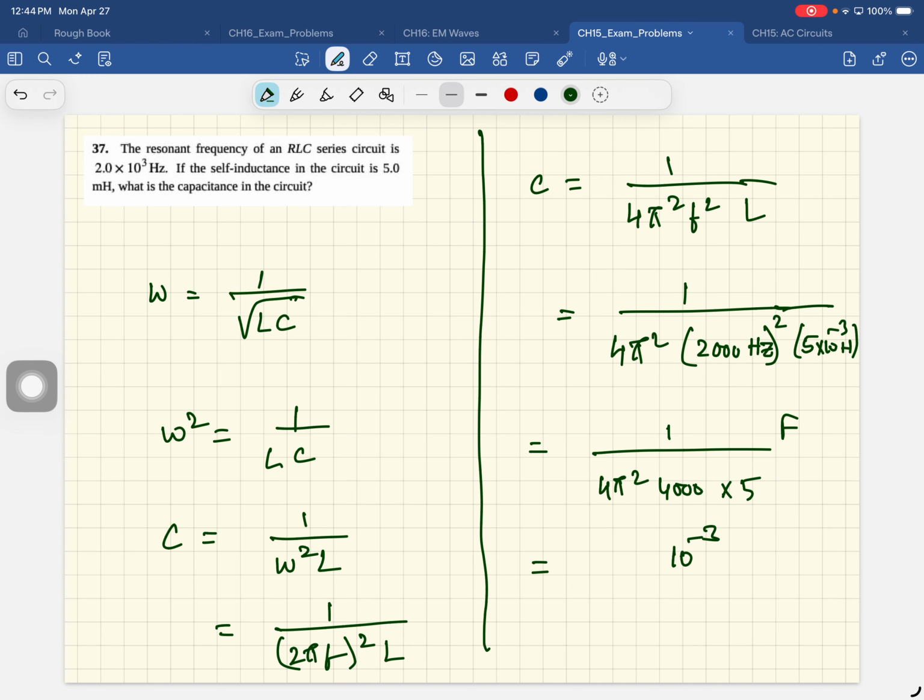This 10 to the power of, oops, we'll bring this 10 to the power of 3 to the top, and this becomes 16 pi squared times 5.